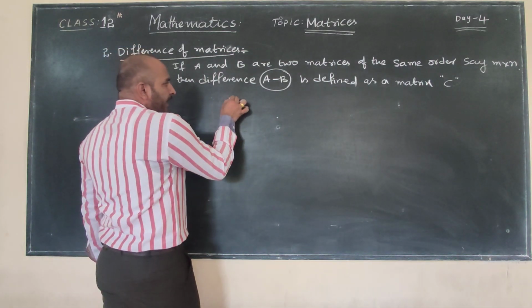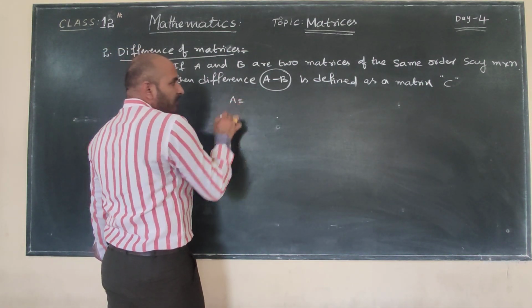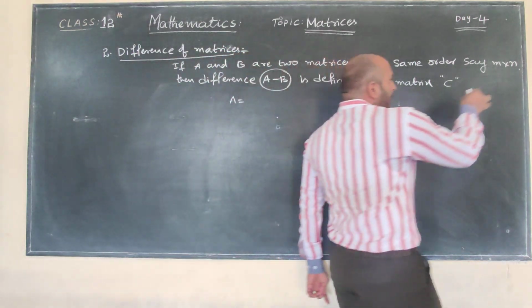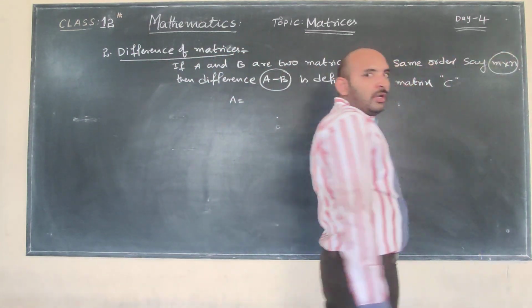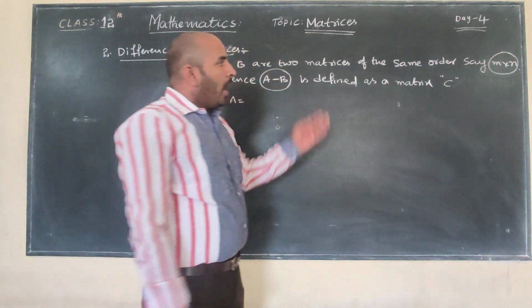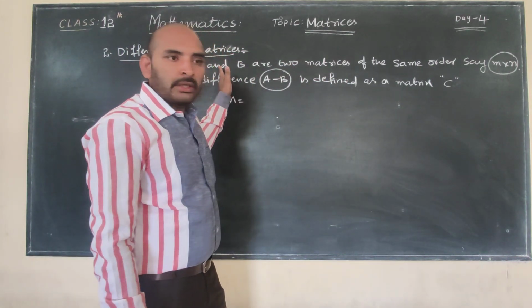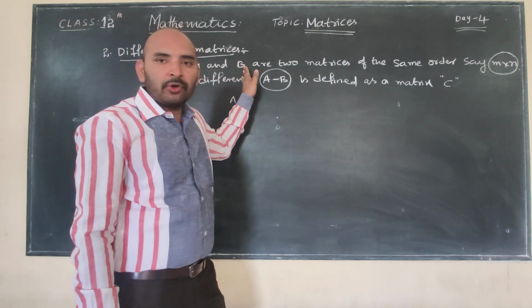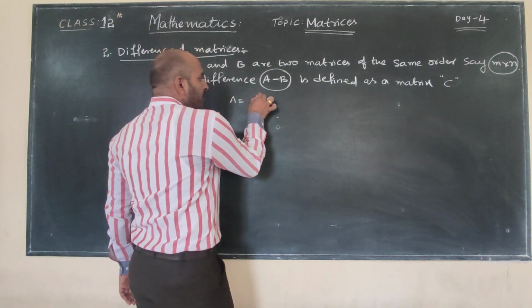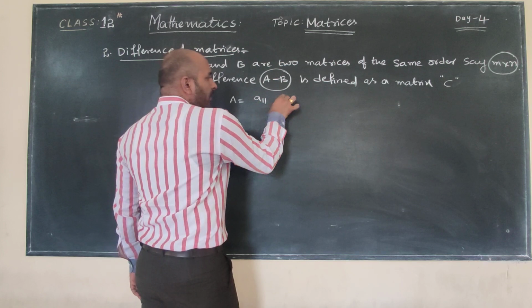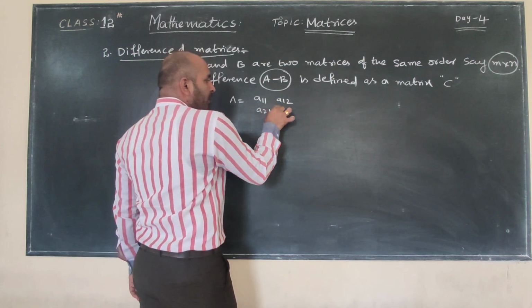So let us say capital A is equal to, with the orders the same. Both matrices' orders must be the same. That means M rows and N columns, for capital A matrix M cross N and capital B matrix M cross N. So let us take A is equal to A11, A12, A21, A22.